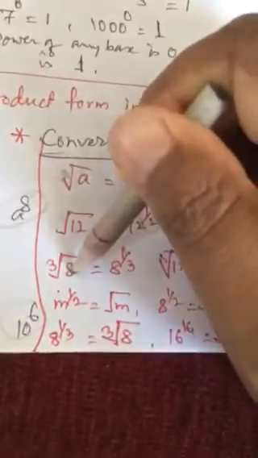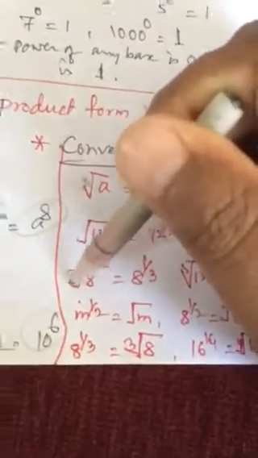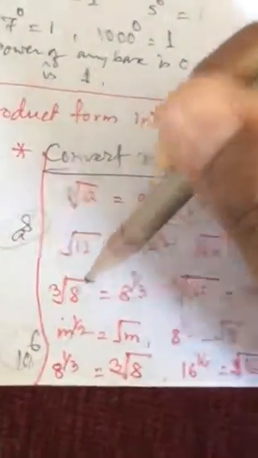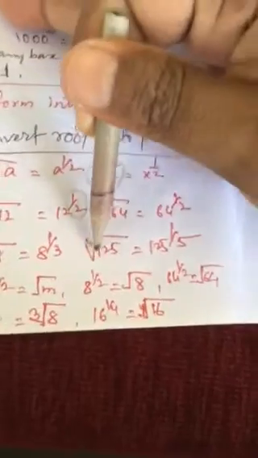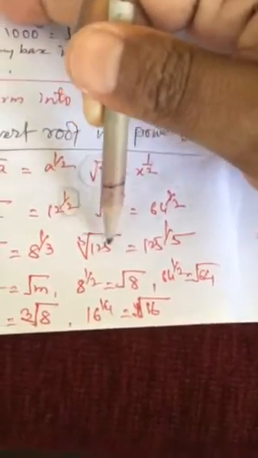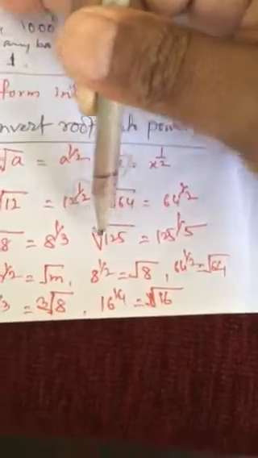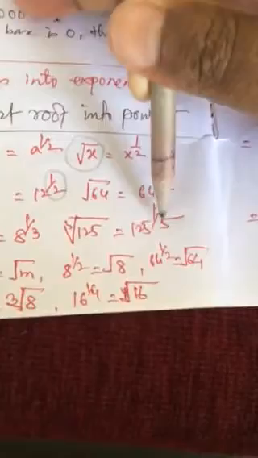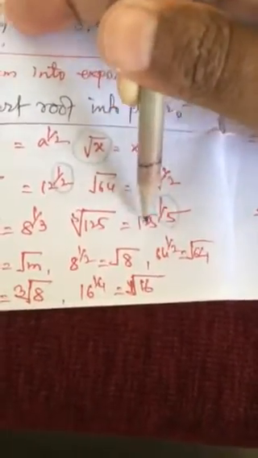Cube root 8, so 8 to the power 1 by 3. Here you see 5 root of 125, so 125 to the power 1 by 5. This 1 by 5 is the power of 125.